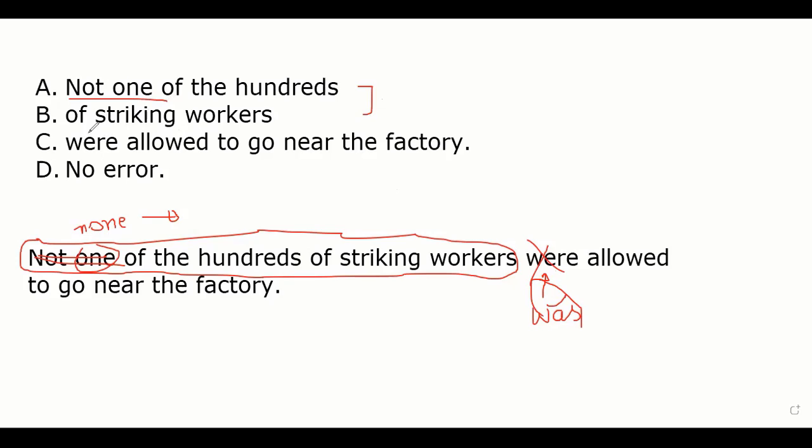Sir, but I think if it is none of the hundreds of striking workers, and we replace hundreds of striking workers with the pronoun them, then none of them were allowed to go near the factory sounds correct. None is considered plural in general, right?